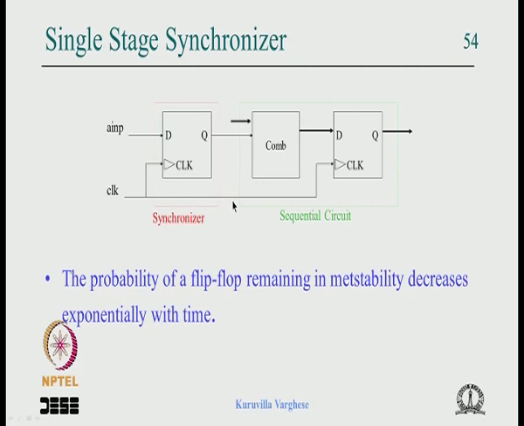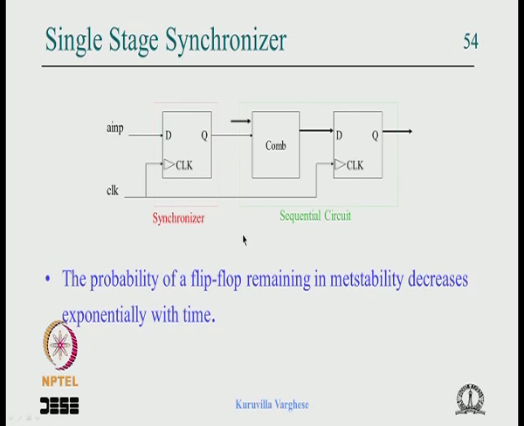So it is a question of analyzing it, finding the probability and checking if that is okay. Not only the probability, maybe we have to convert that into the rate of metastability failure, in the sense that it does not come out of metastability, or the average time between such failures.